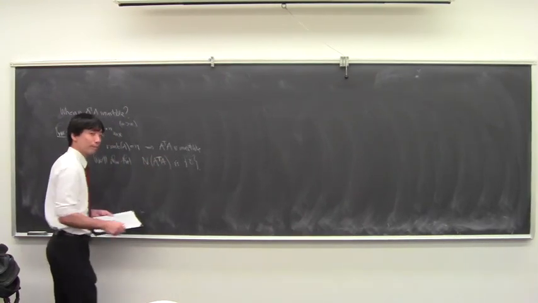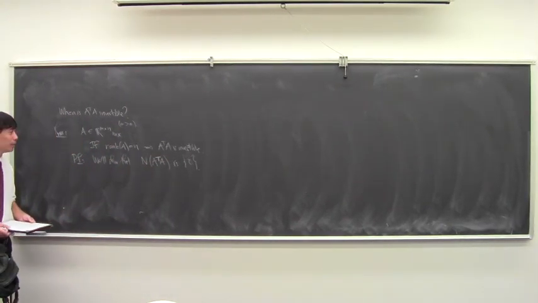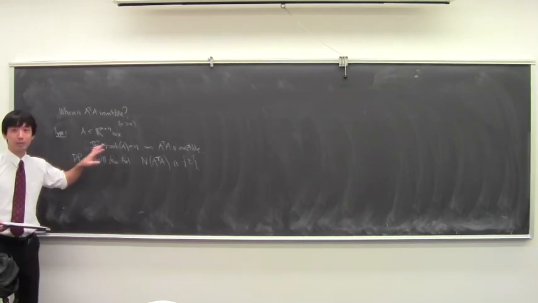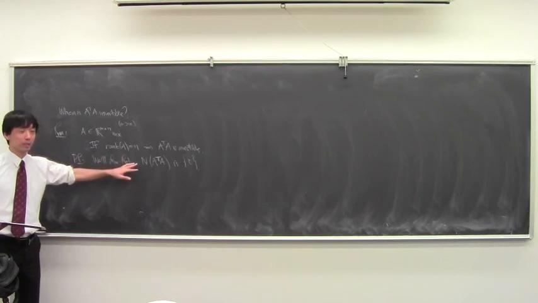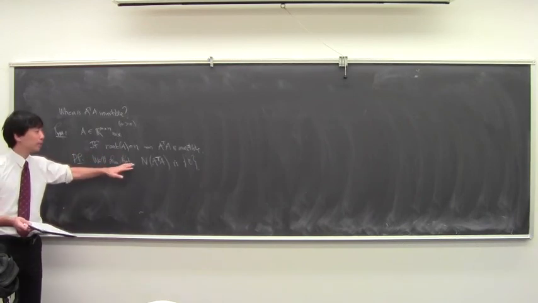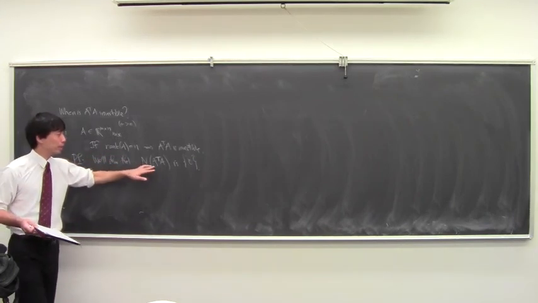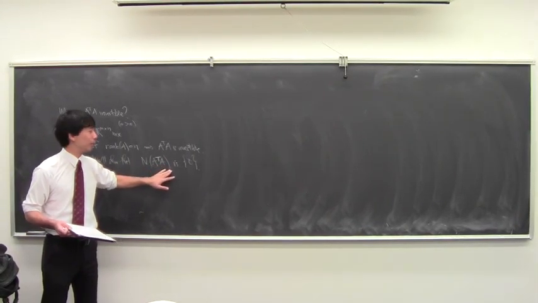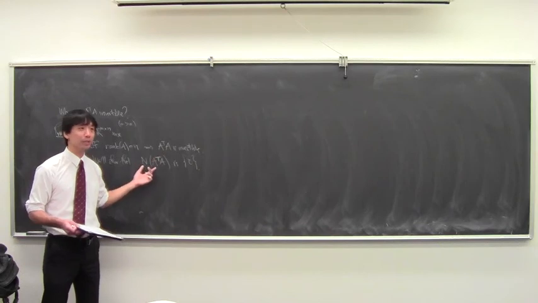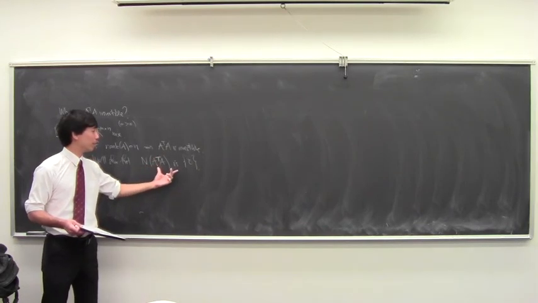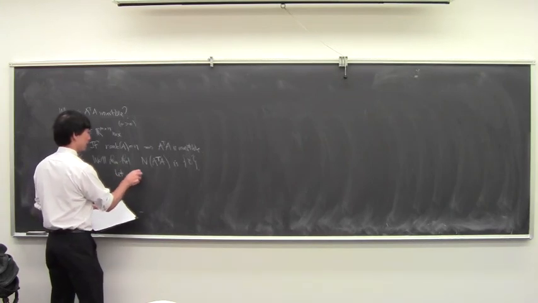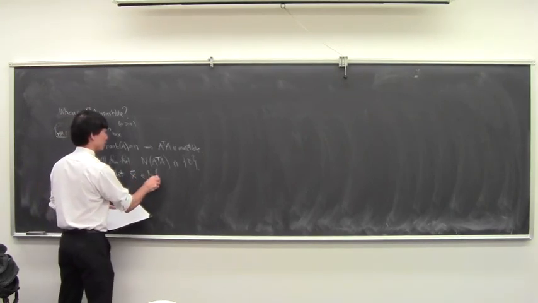So maybe I'll let you try. See if you can say anything. Just spend the next 2 minutes trying to say anything at all you can say in this direction. You don't have to come up with a full idea, but just come up with one observation you can say about, let X be in the null space.